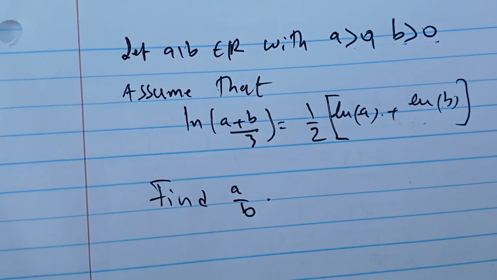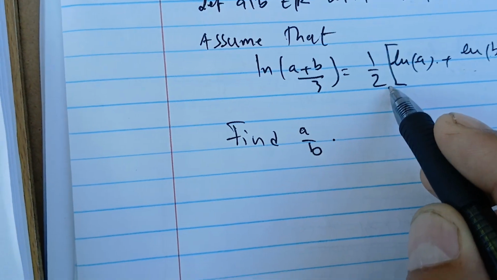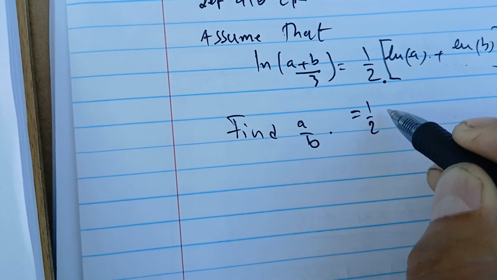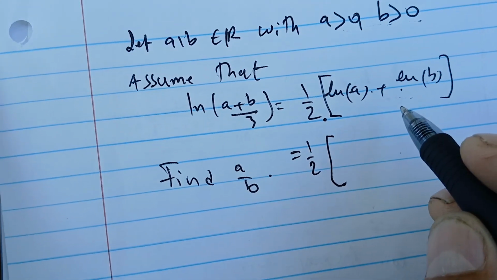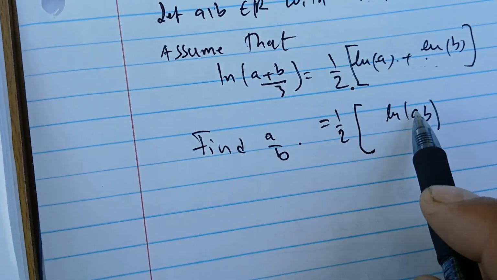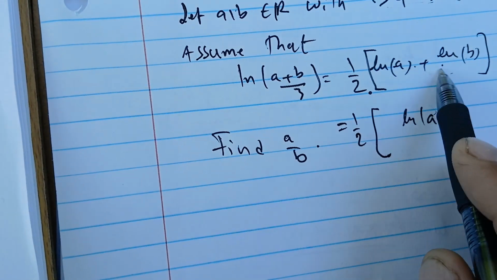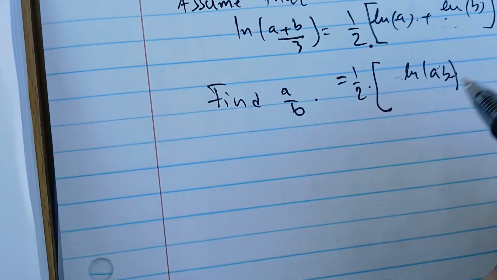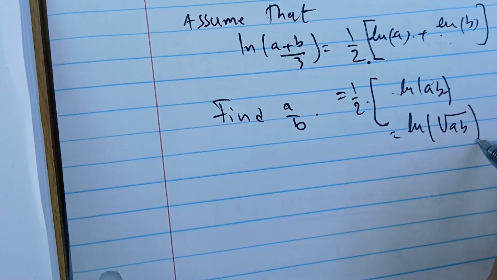So let's solve this one. First, we're going to keep this 1/2 here, and we're going to transform the log of a plus the log of b as the log of a times b, because both of them are positive, and this is a property of the log when these two are defined positively. Now we'll take this exponent inside. So we have the natural log of the square root of ab.